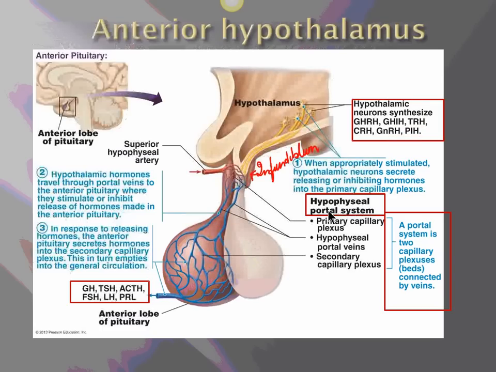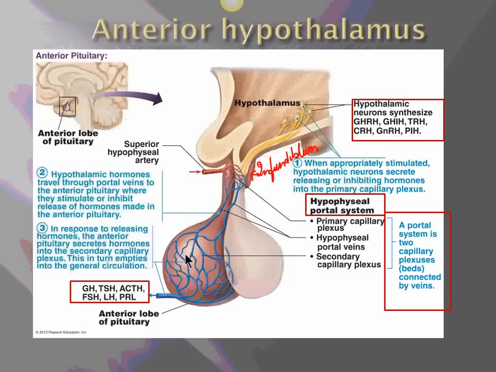Okay? The word portal system means, remember when you did circulation, you had the hepatic portal system where there are two sets of capillaries. So you can see there are two sets of capillaries, okay? So these releasing or inhibiting hormones are released into the circulation here from where they come into the anterior pituitary.